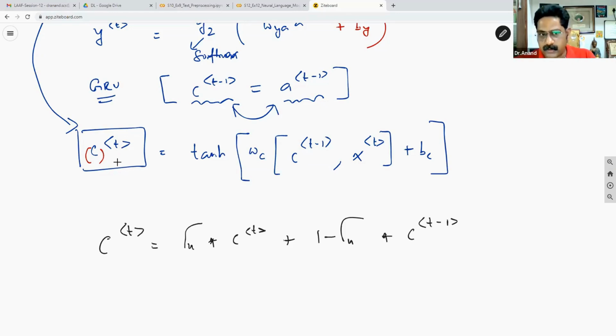So your memory state is not taken into consideration directly. We are doing some operation with the memory states. Now I'm going to explain what this operation is.